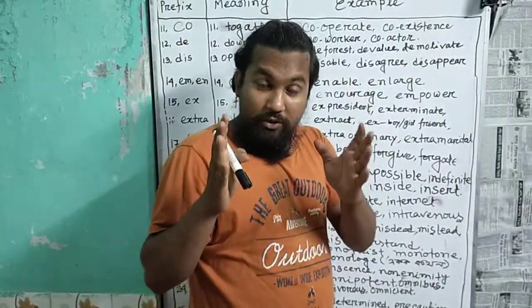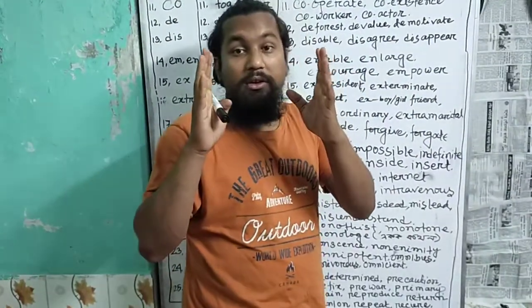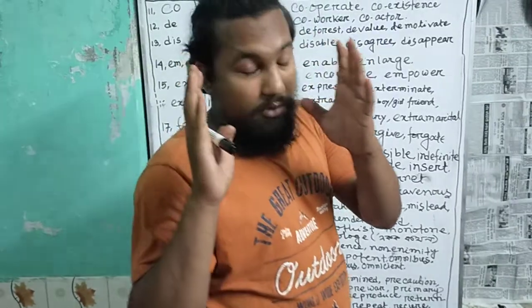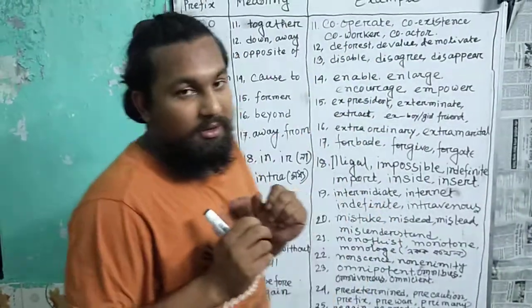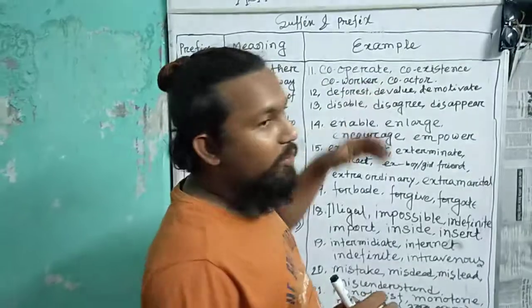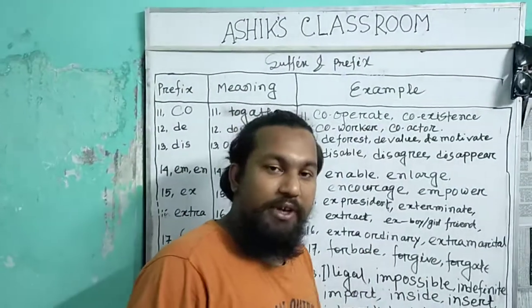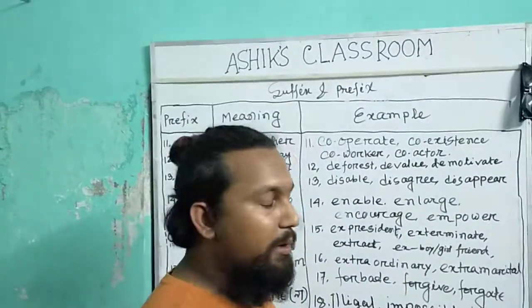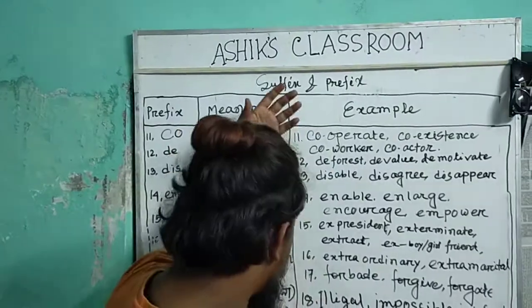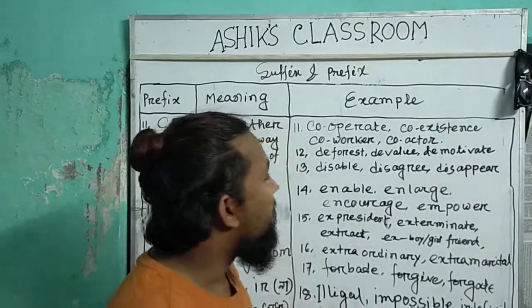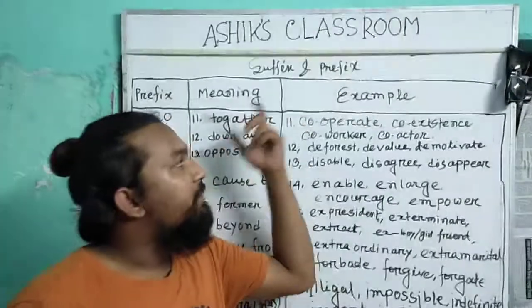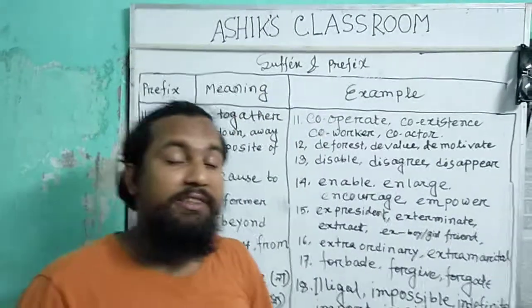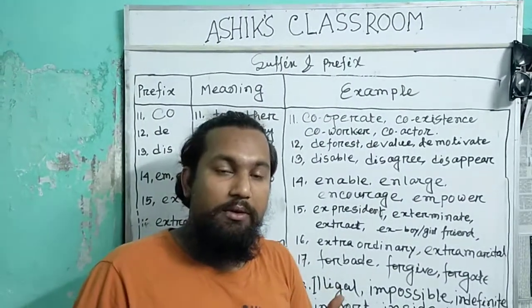Because of my small blackboard, I wrote down only 10 topics, but today I have appeared with 15 items, and that is the suffix and prefix, the full description for you.